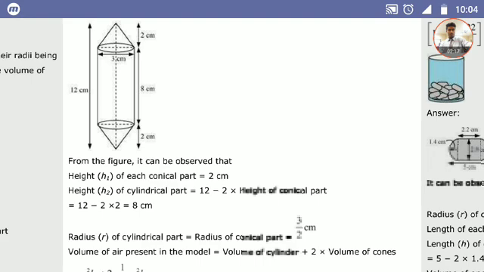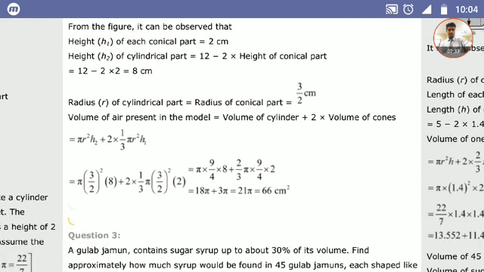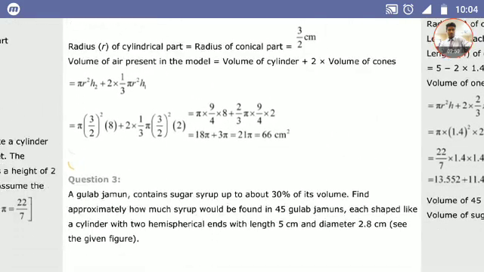For the cylinder it is pi r square h, and for the cone it is 1 by 3 pi r square h. Since you have two cones, you have to use 2 times the formula. After having used the formula, you simply have to add up all the things. Here you don't have to subtract anything because volume is just basically adding things. So after adding up you get an answer of 66.